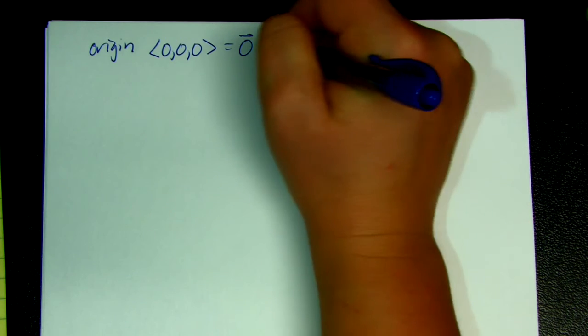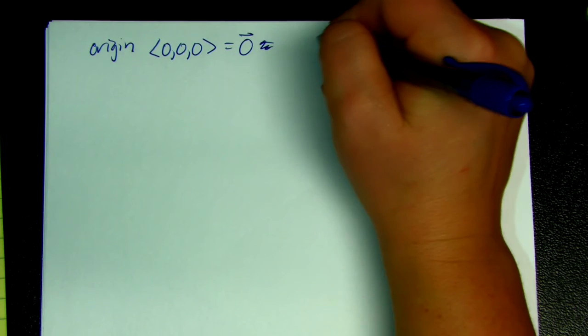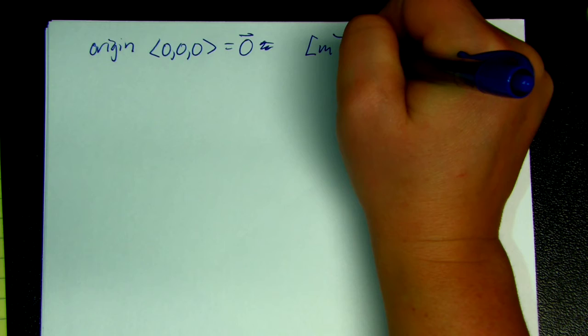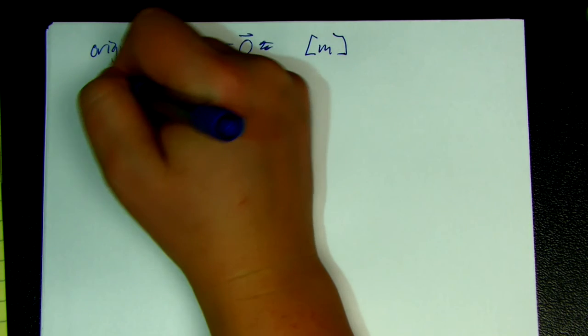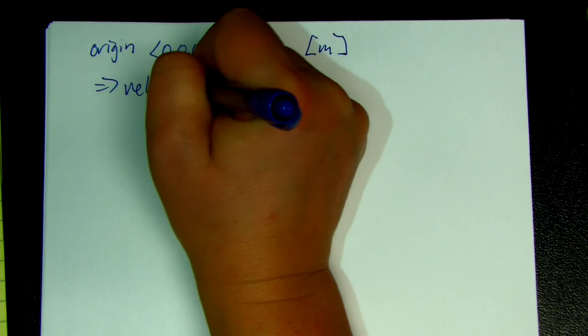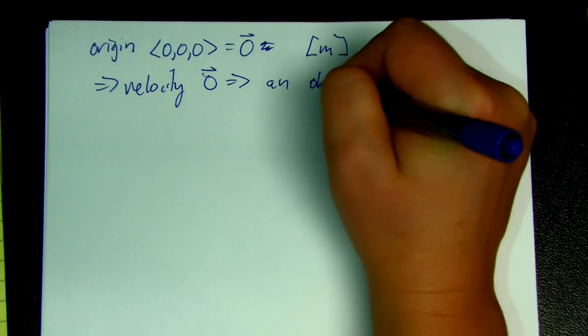Okay, and by the way, the origin vector technically also has units. So origin, 0, 0, 0. For position, it might be in meters. And if this was for velocity, 0 implies an object at rest.